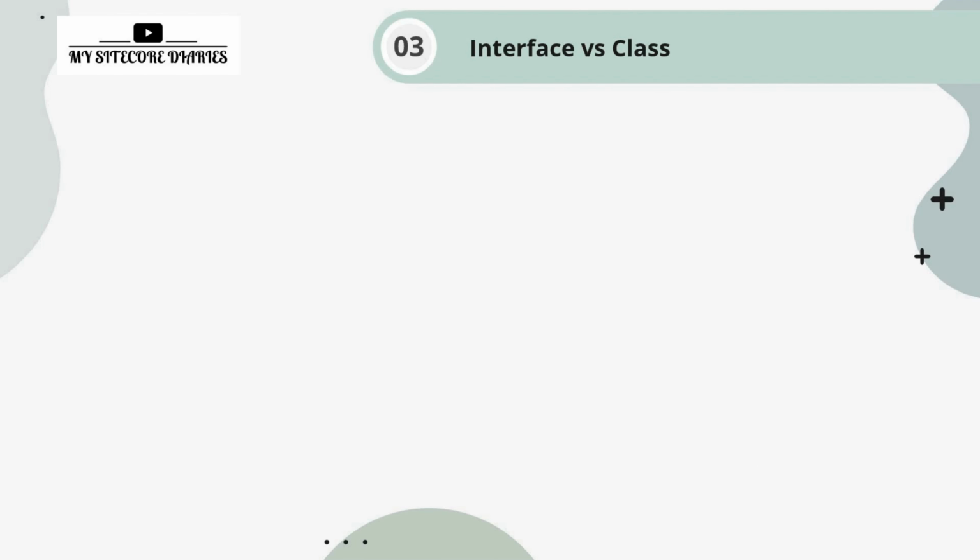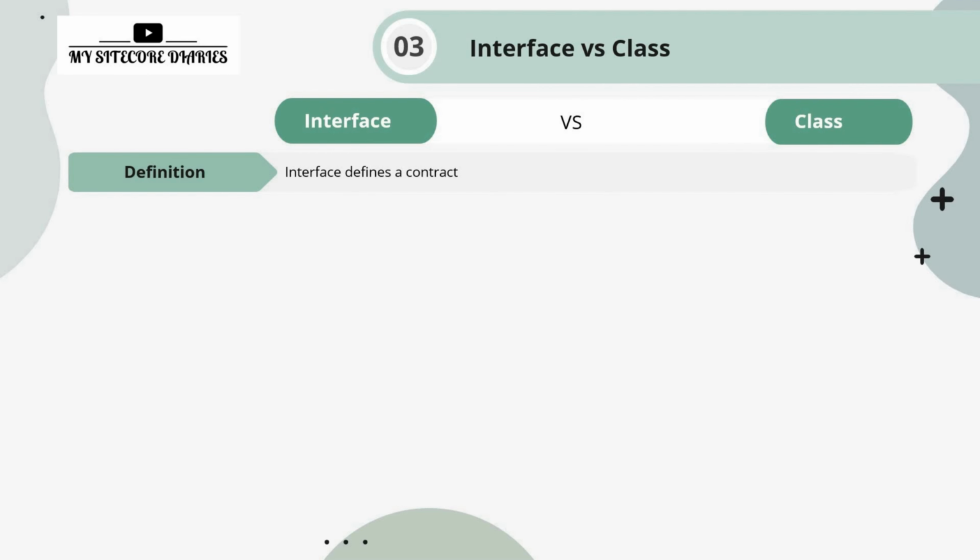Now let's see a difference between interface and class. This is a very important question for interview. The difference between interface and class. Definition. Interface defines a contract, whereas class defines a blueprint for an object.